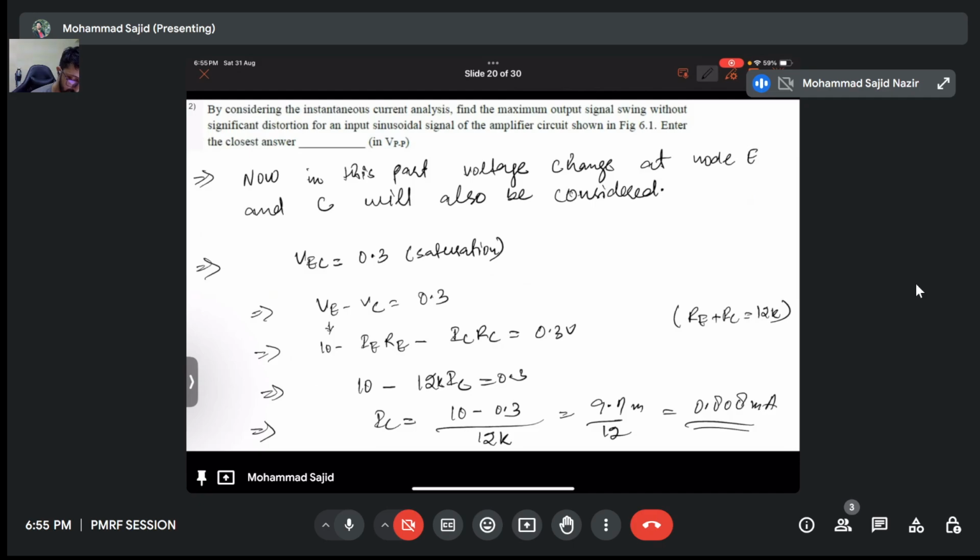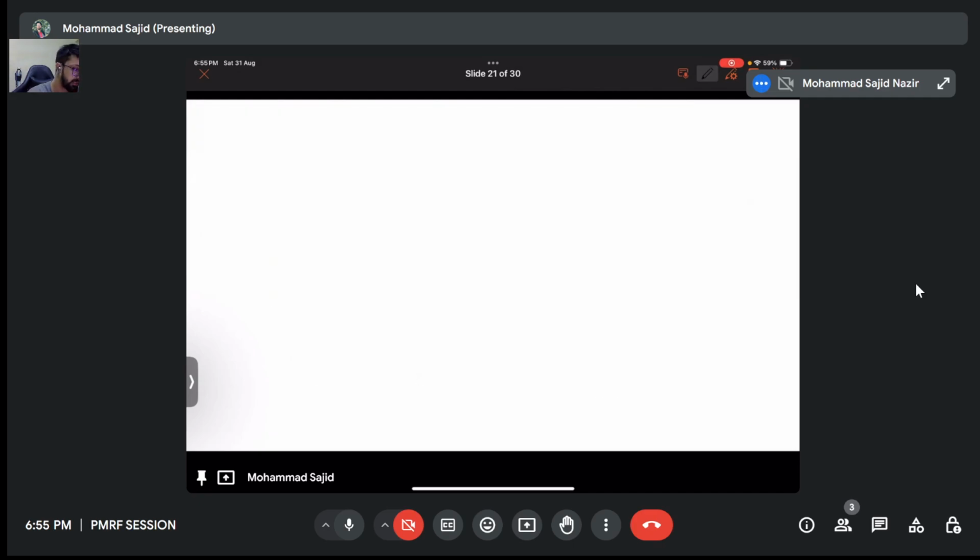For this minimum, the current flowing should be 0.808 milliampere, and corresponding to which the potential VE is equivalent to VCC minus IE RE, which is 10 minus 0.808 milli multiplied by 10 kilo ohm, that is the RE resistance. It comes out to be 1.92 volt.